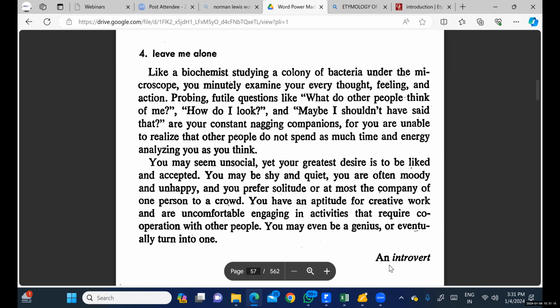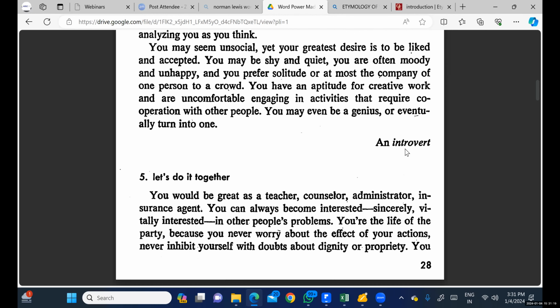So what will be the opposite of introvert? Who can try? What will be the opposite of introvert? Extrovert. So intro means inside, extro means outside, when you're socializing, when you're meeting everyone.